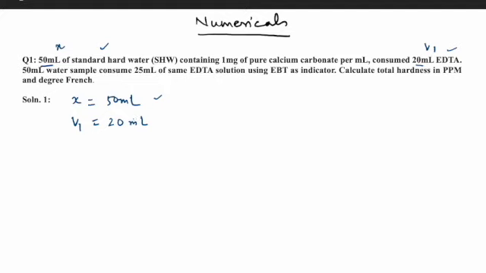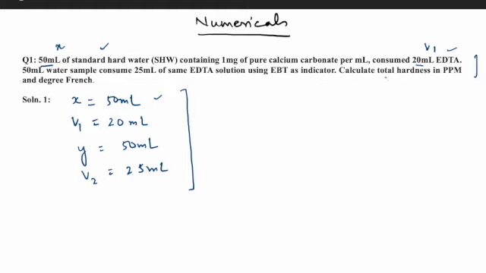Now in the second part it says 50 ml of water sample consumes 25 ml of the same EDTA. So EDTA is the same but the sample has changed now. So Y will now be 50 ml and the EDTA volume, that is V2, will now be 25 ml. Now I have got these values of X, Y, V1 and V2 from the problem.